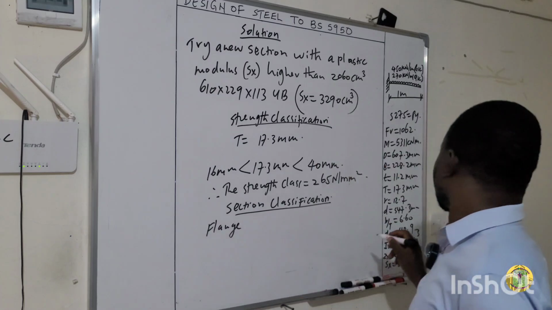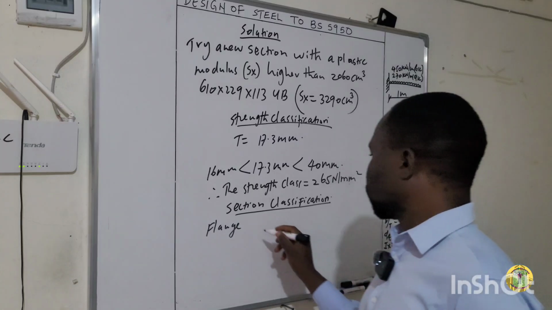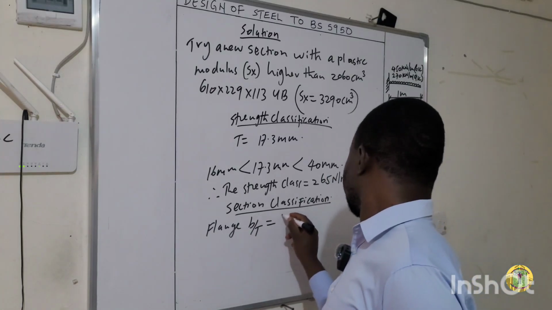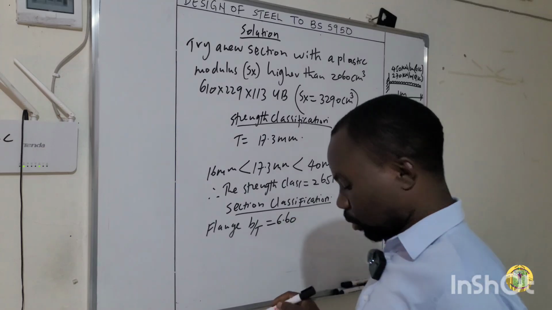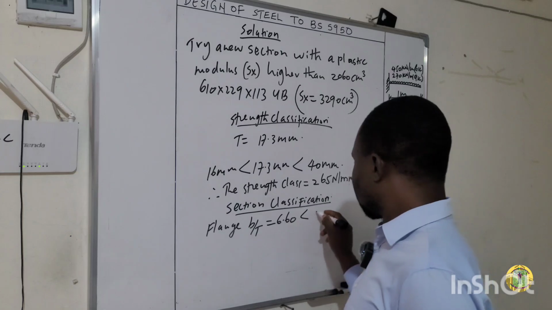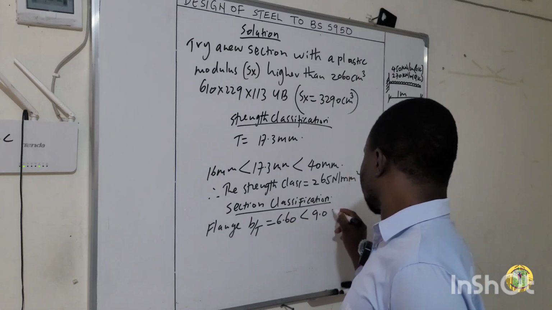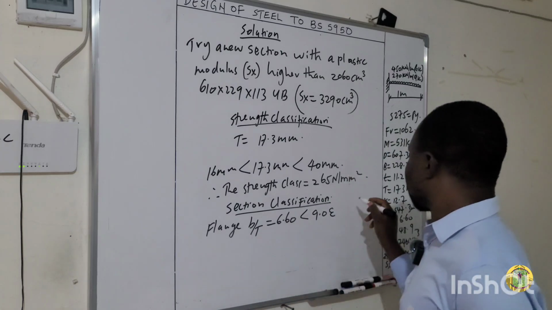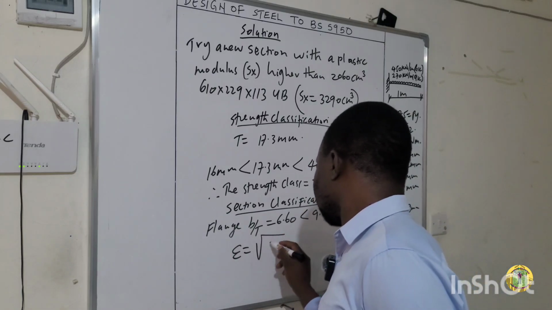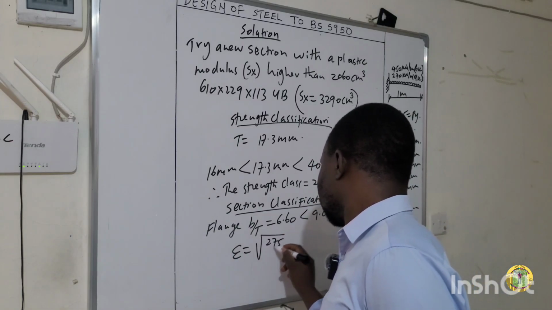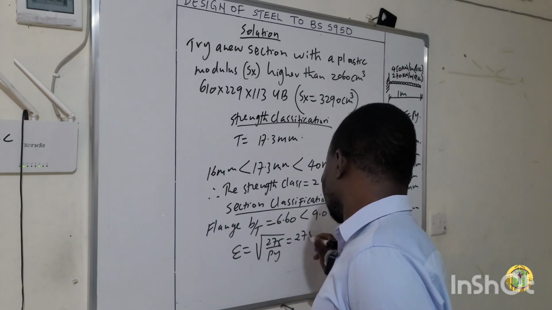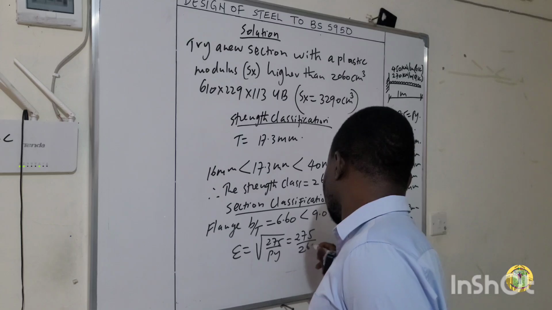For the flange, we will use B over T, which is equal to 6.60. So 6.60 is less than 9.0, whereby this is given by this formula, 275 over Py. So this one is equal to 275 over 265.